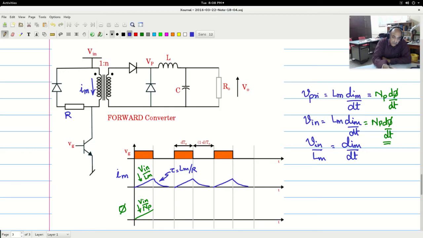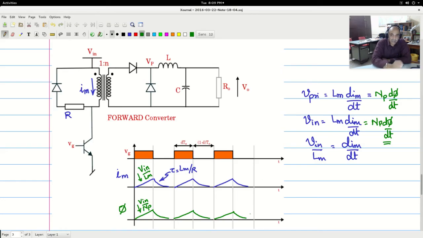Now looking at Faraday's equation, the flux will follow the magnetizing current. So the flux shape will also be similar to the current shape. It will also go this way, and this is called resetting the core.